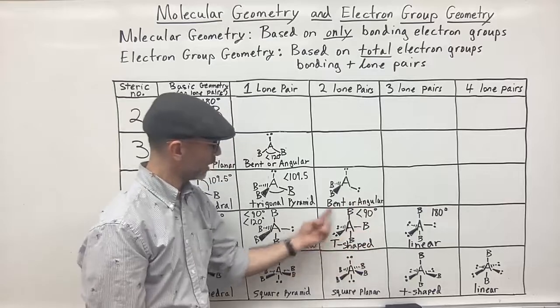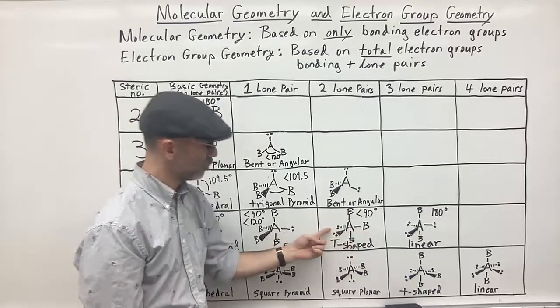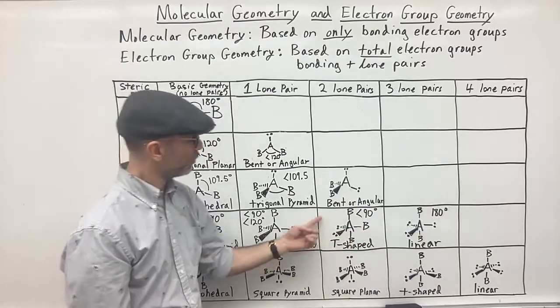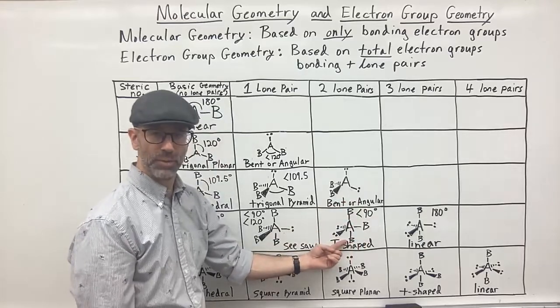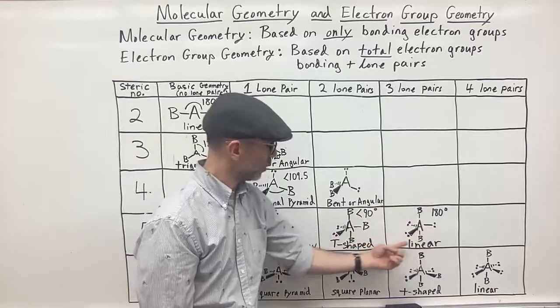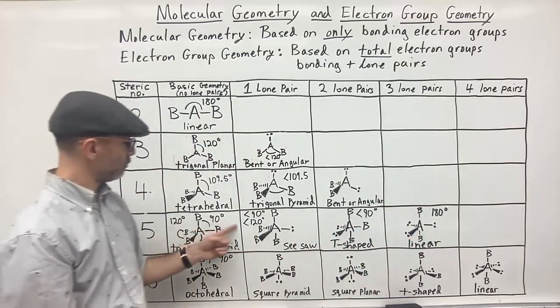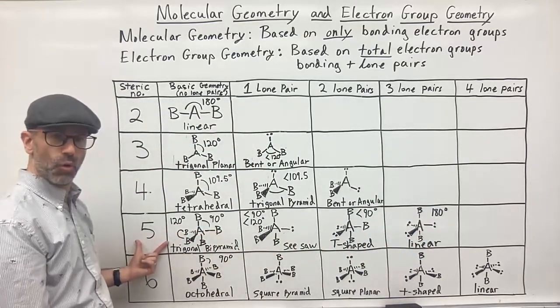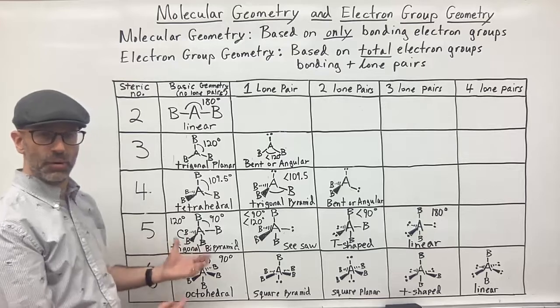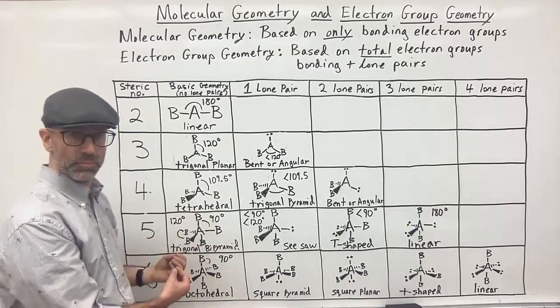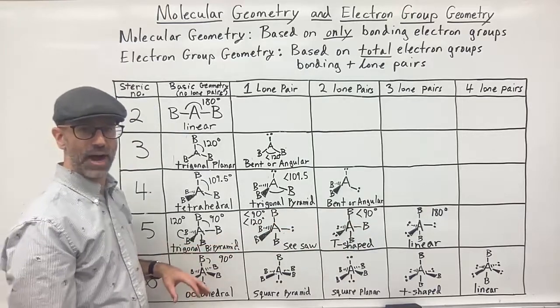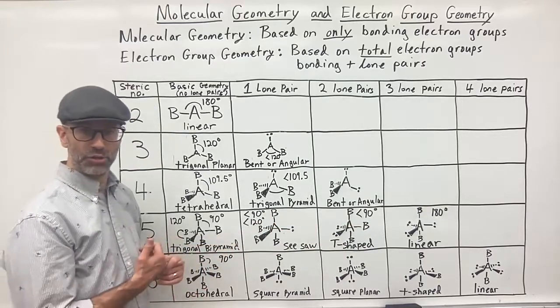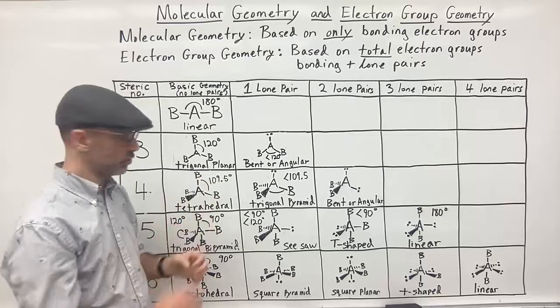This has 5 electron groups around it, 3 bonding groups, 2 lone pairs. So this is going to be electron group geometry of trigonal bipyramid as well as this one, because they all have 5 total electron groups. Some of them have lone pairs, some of them don't. But what they have in common is that they have 5 total electron groups around the central atom.